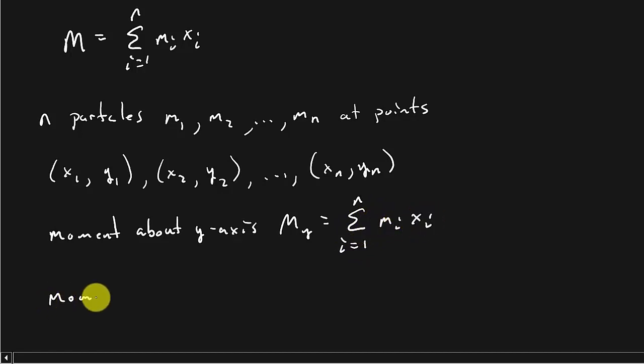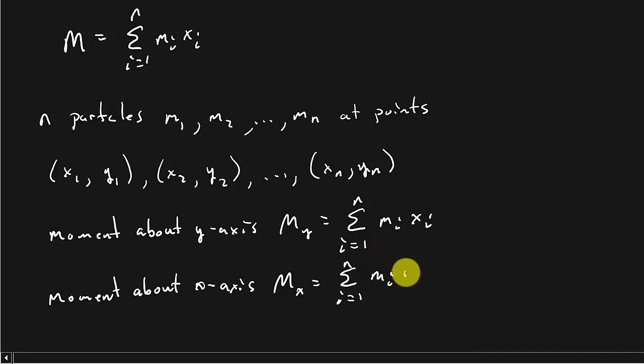And the moment about the x-axis, m sub x, is the sum of i equals 1 to n of m sub i times y sub i.